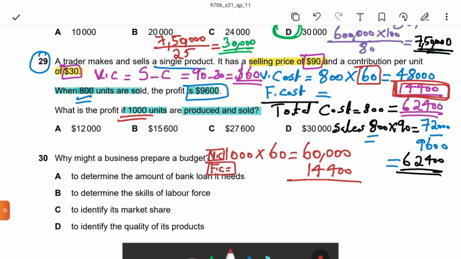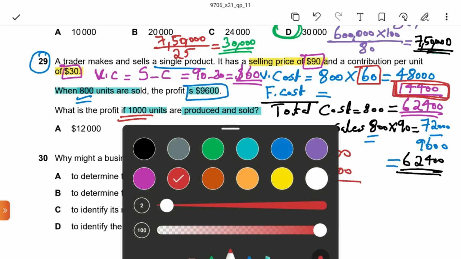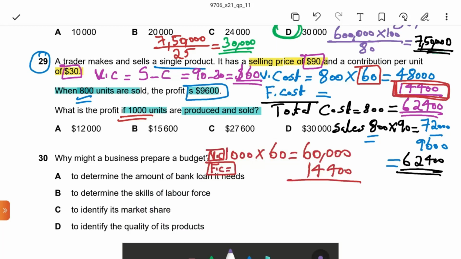So what is the total? 60,000 plus 14,400, 74,400, is the total cost. Now, what is the profit?